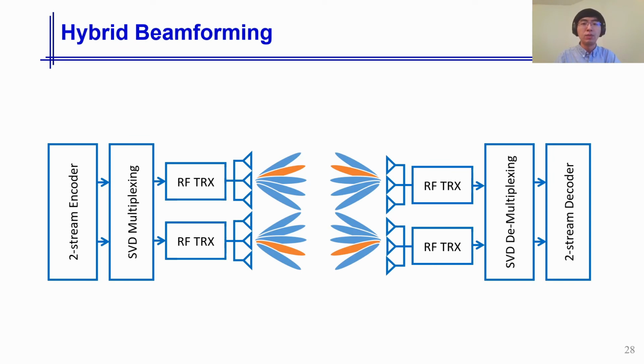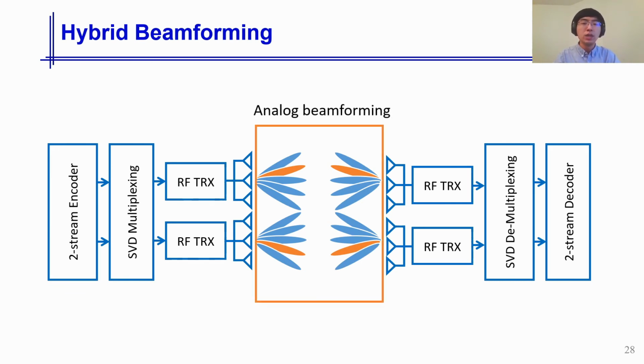mmWave MIMO hybrid beamforming generally operates in 2 stages. First, it selects the best beam indices for each phase array, which is doing analog beamforming. The IEEE 802.11ay test groups have proposed 3 possible algorithms for this first stage: exhaustive, K-best, and evolutionary.